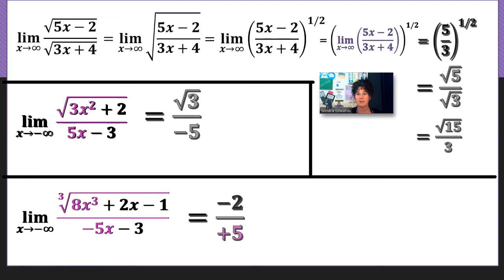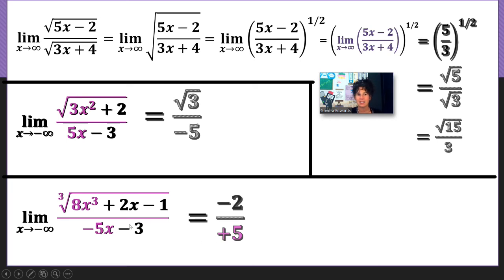The cube root of a negative number is negative, so that's why this is negative 2. The 2 is the leading coefficient, cube root of 8, but negative. Okay, and then if I substitute negative 10 in the denominator, or even just in this little piece, notice the overall answer is going to be a positive. So it's a positive 5.